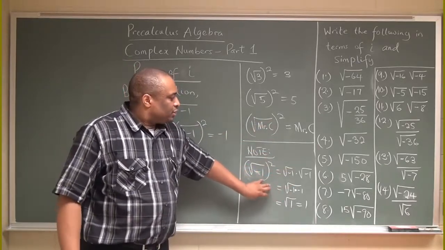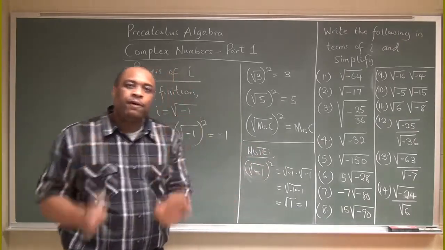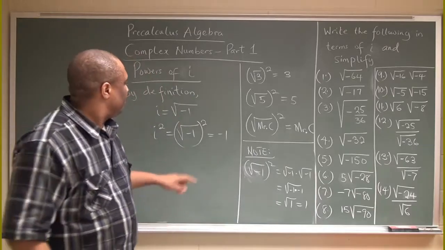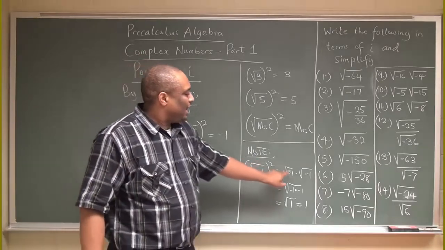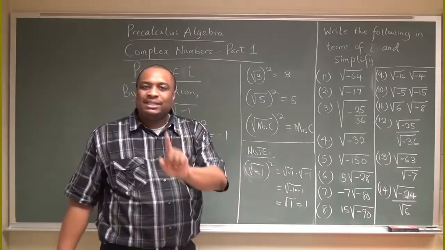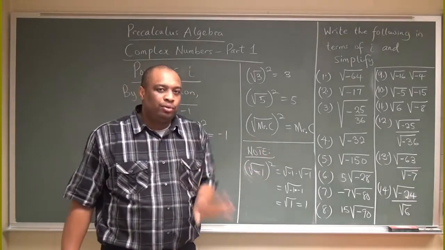This is what I'm going to mention as we go on in this video. For complex numbers, please and please, when you see a negative square root, we express that first and foremost in terms of i. That is the rule.